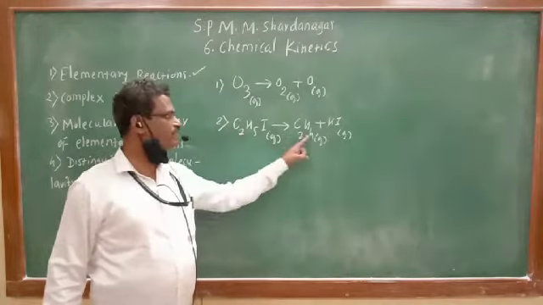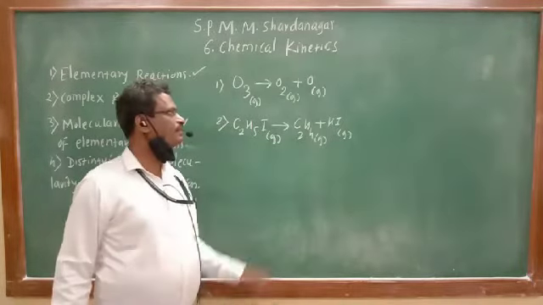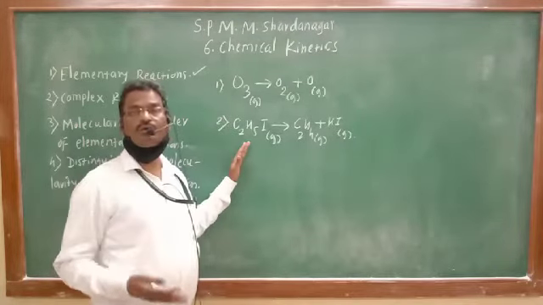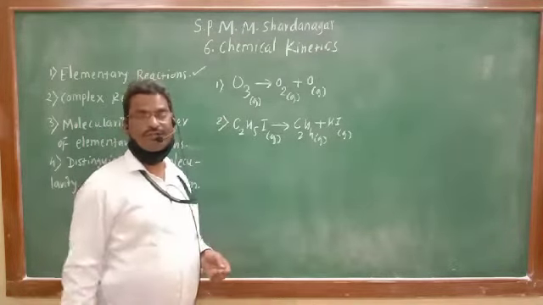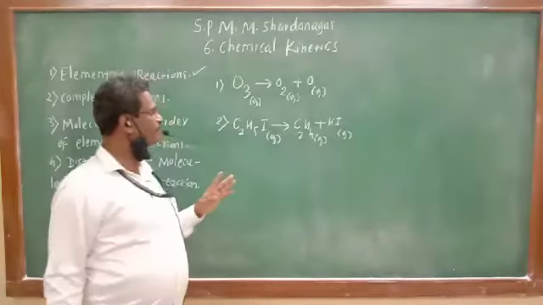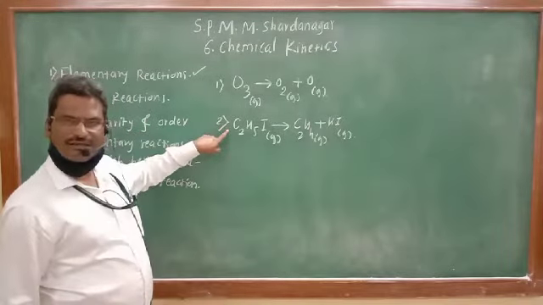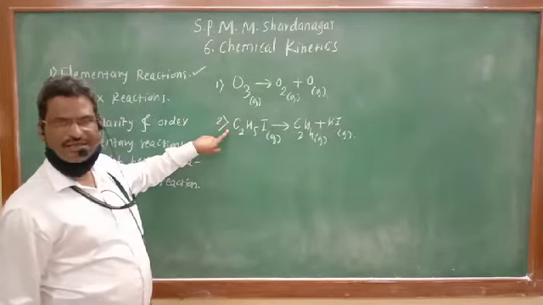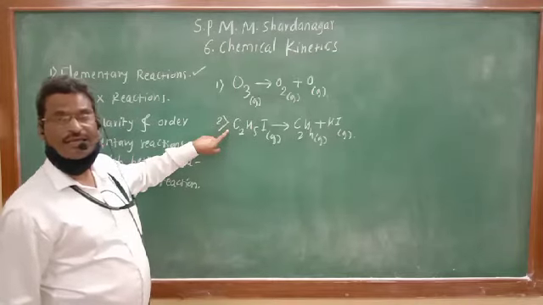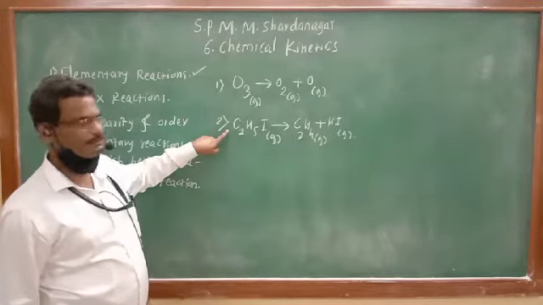Therefore, this is also known as elementary reaction. These reactions cannot be broken down further into simpler reactions because these are the simplest reactions. So first example and second example are known as elementary reactions because they cannot be broken down into further reactions.